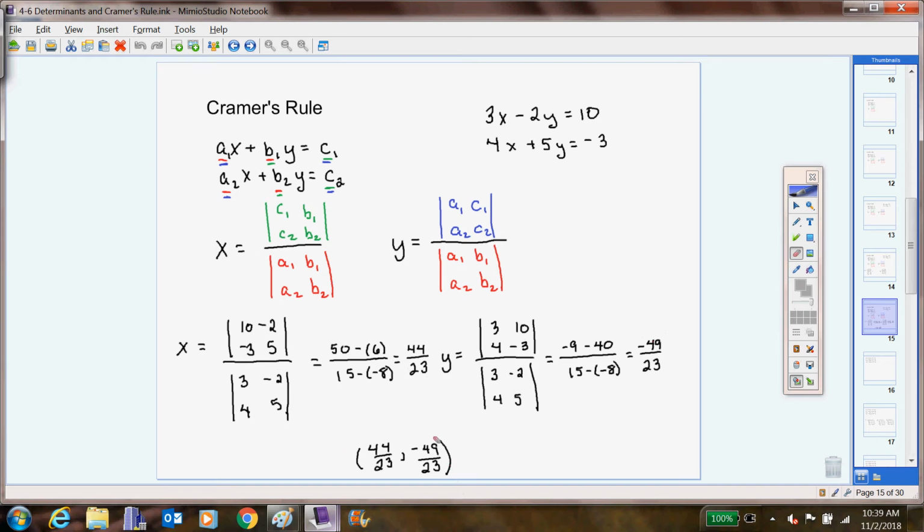It's a very nice way of solving, especially since these answers are kind of weird fractions. If you tried to solve this by substitution or elimination, you might have a bit of difficult work. The work here is very simple. It's just multiplying and subtracting, multiplying and subtracting. It's just a matter of which numbers to multiply and subtract, and we've got our solution laid out very nicely for us.